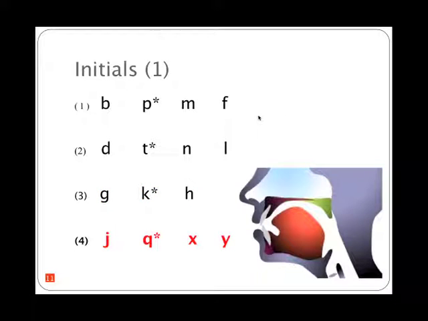好. The next set of sounds are 鸡, qi, xi, and yi. These are sounds that don't exist in English, the first set of sounds that really don't exist in English.